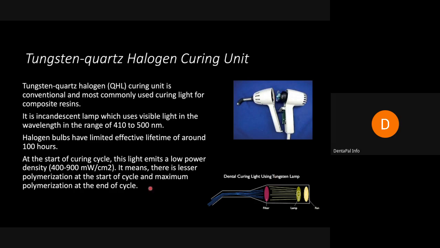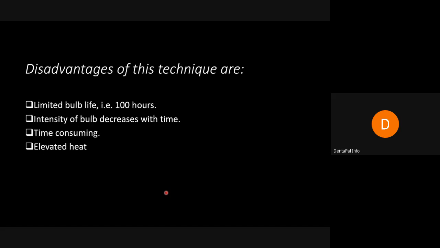But the problem is that halogen produces heat during polymerization, during working. That's why this light may hurt the patient and cause post-operative sensitivity, and also the intensity of the light may change with time due to the power of the halogen itself.